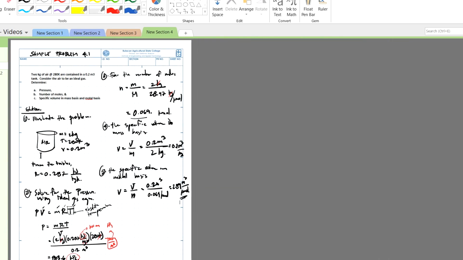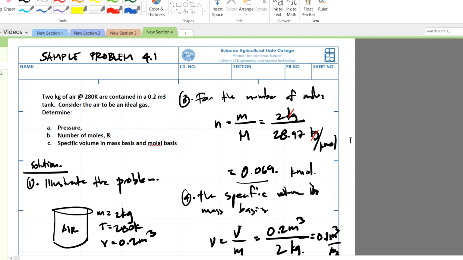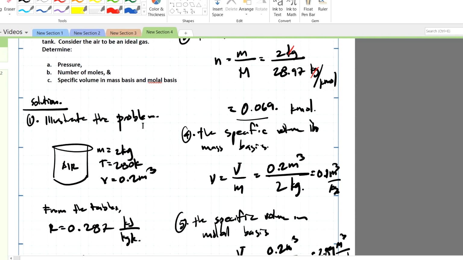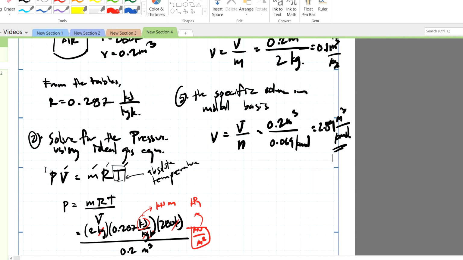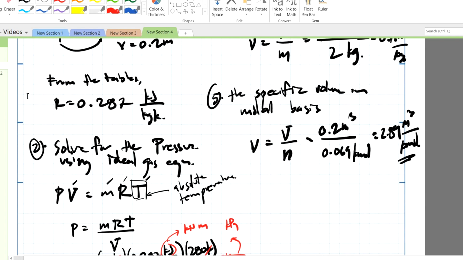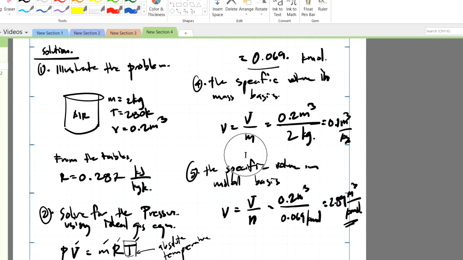Okay, so I think the problem we have here is just straightforward, because we are given these states or properties, and we just apply directly the ideal gas equations once you have this specific gas constant. So once you have that, then you can find the other properties.